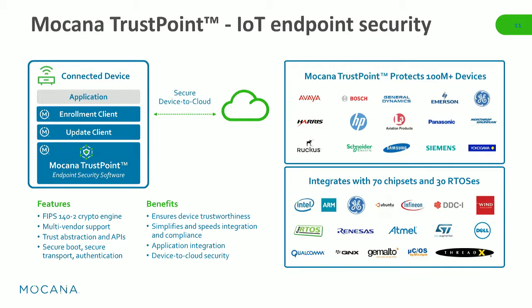So TrustPoint is Mocana's software that is typically deployed on gateways, endpoint devices, IoT devices, industrial controllers. TrustPoint is on about 100 million devices today by many of the largest industrial and IoT companies, and it is designed to integrate across 70 plus chipsets and 30 RTOSs, highly portable.